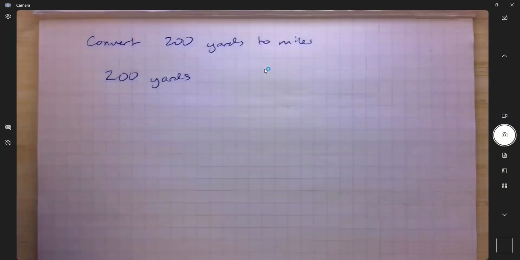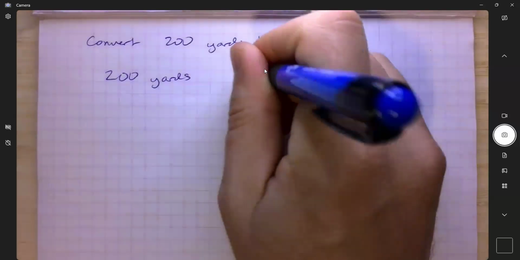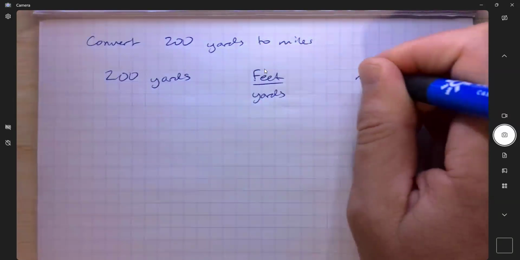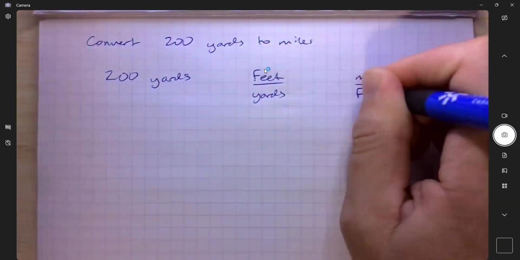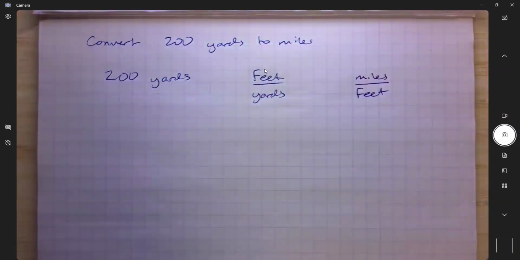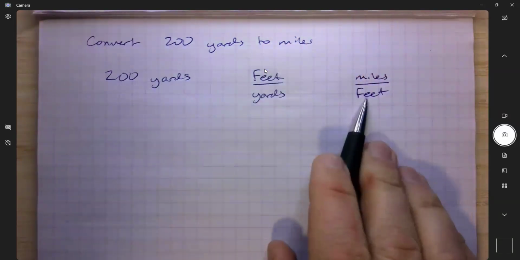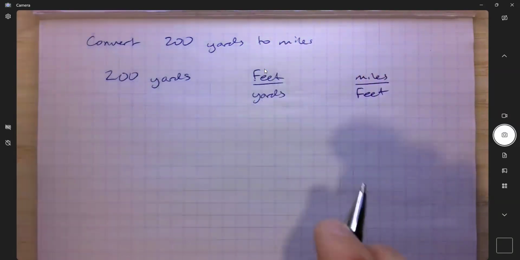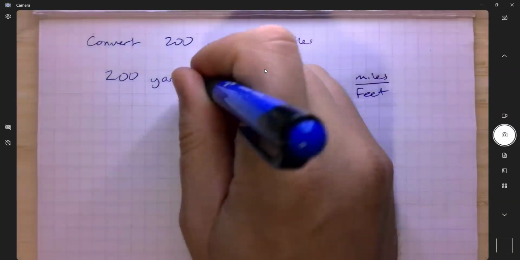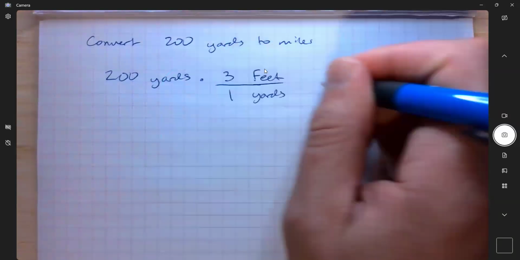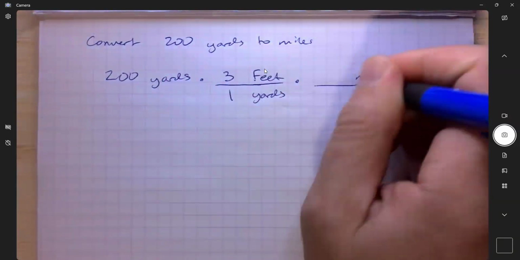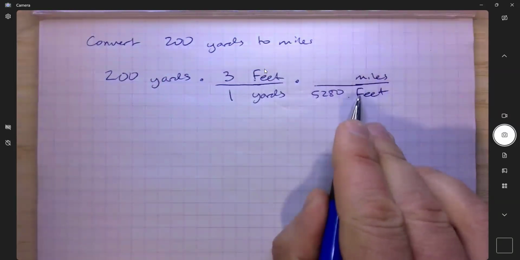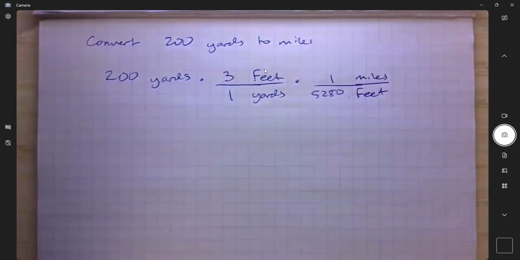And that's what I'll do with the conversion. So first I'm going to convert to feet from yards, and then I'm going to convert to miles from feet. And I wrote my units first to help me remember my order of conversions. There are 3 feet in 1 yard, and there are 5,280 feet, so I write it in the bottom because that's where the feet are, to 1 mile.